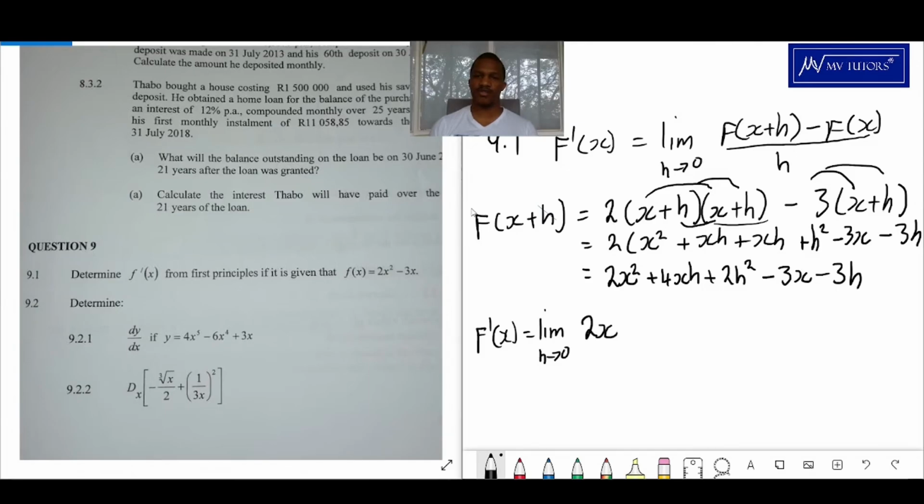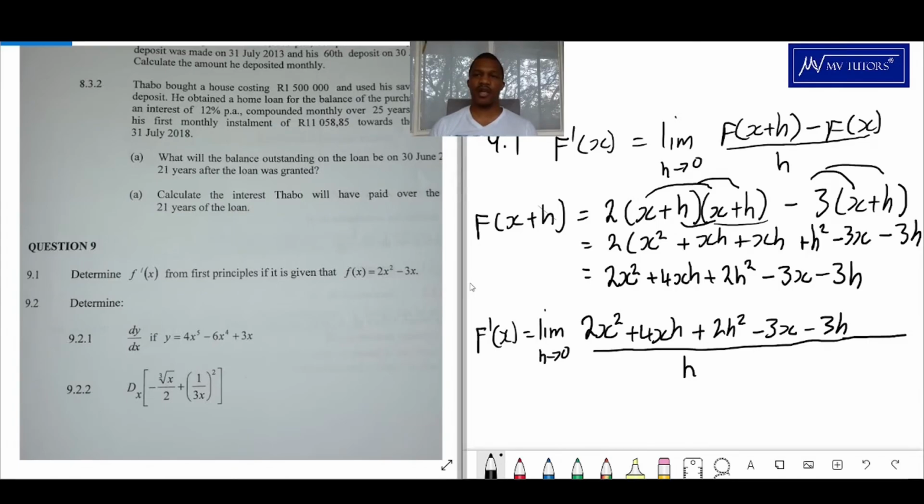We just solved it. Plus 4xh plus 2h squared minus 3x minus 3h, and all of this is divided by h. But hold on a minute, do you see there's a minus f of x? So a minus f of x is that.